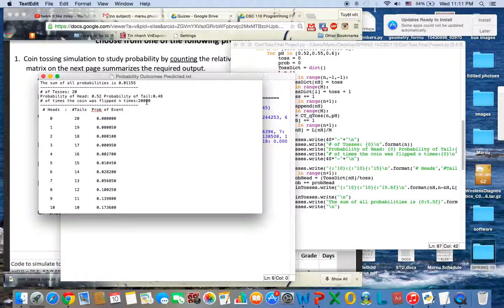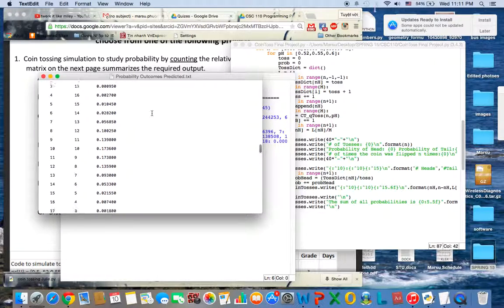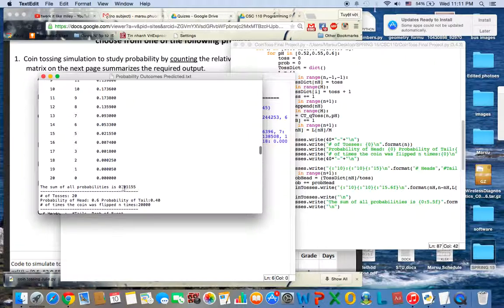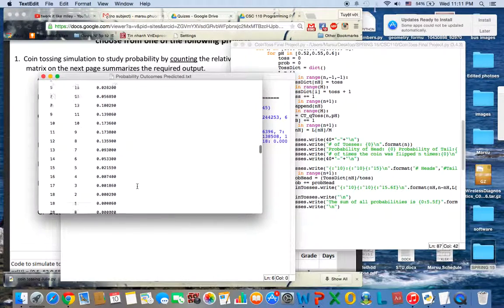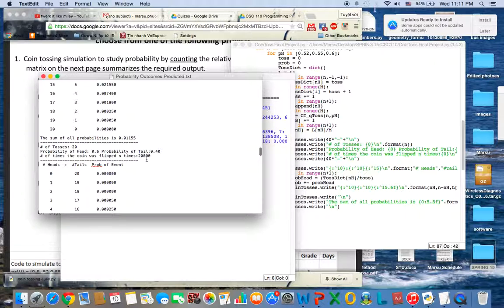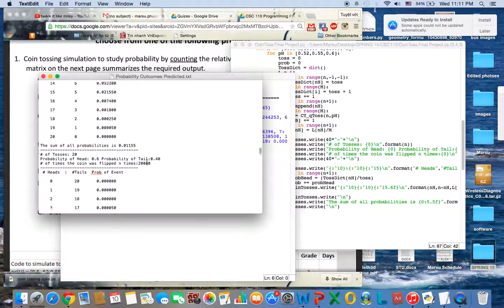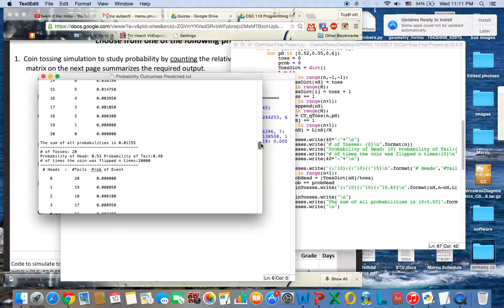And like we run it 1,000 times, so the total, the sum of all, is this one. So this is how it works.